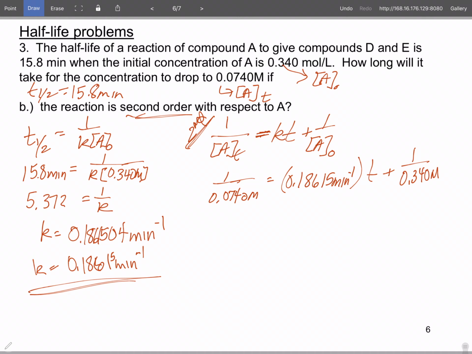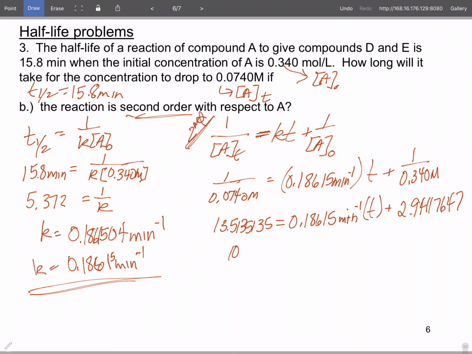Okay, so you're going to end up with 13.5135 is equal to 0.18615 minutes to the minus 1 t plus 2.9411767. Again, I'd let the calculator carry these digits.